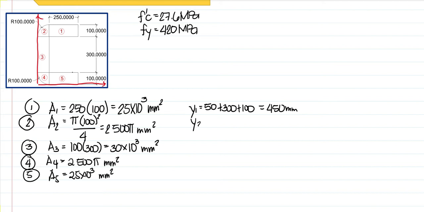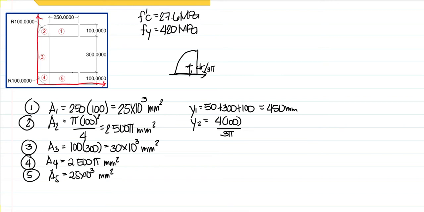Then, we'll get y sub 2. So, ang centroid ng quarter circle, for example, yung quarter circle, tapos ito yung axis na hanapan mo sa bottom niya. So, sabi dun sa statics, that is 4r over 3 pi. So, that will be 4 times the radius 100 divided by 3 pi.